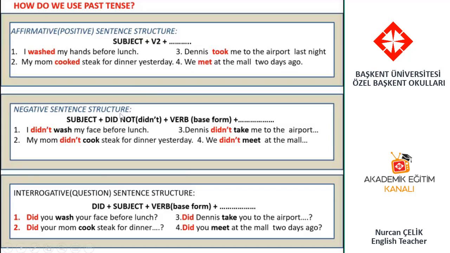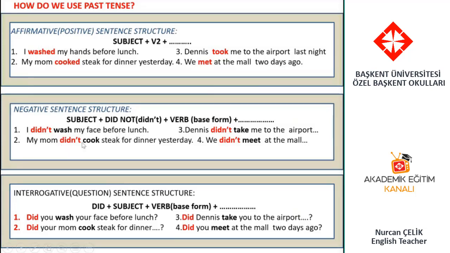So, did expresses verb to. It's also verb to. So, when we use did or did not, we don't use a second verb to in the sentence. Like, I didn't wash. Did is past tense, but wash is in base form, no ed. I didn't wash my face before lunch.